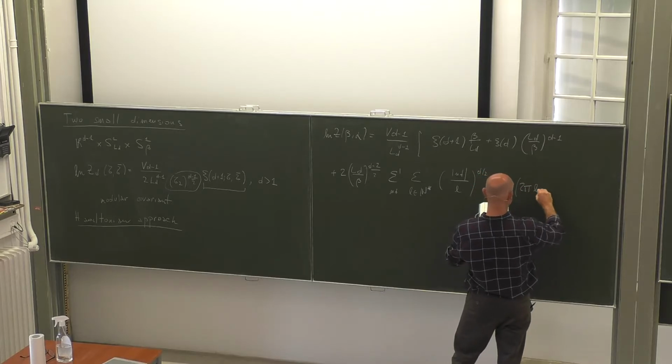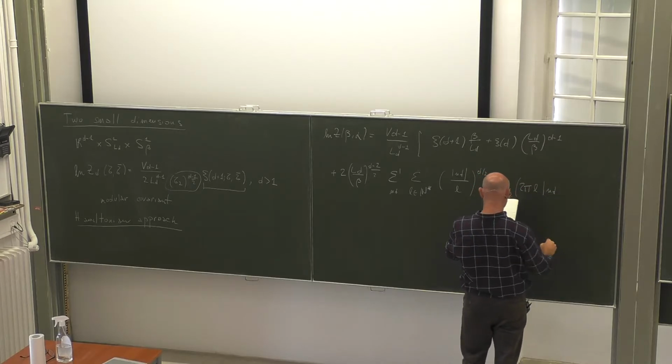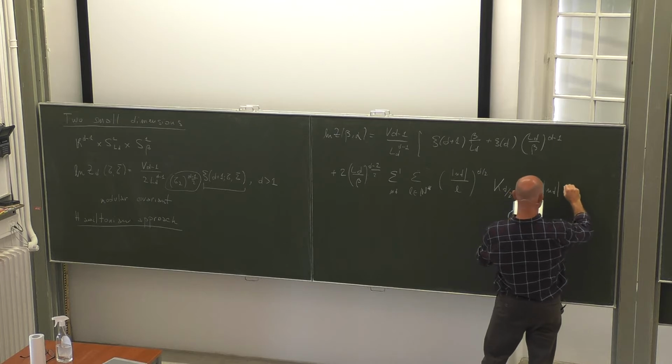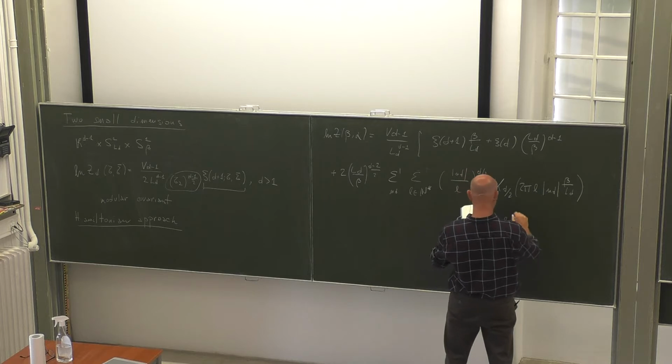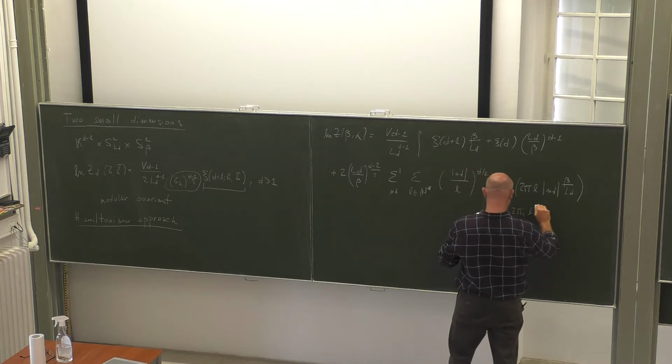Two pi l and d over beta L^d, and then to finish it off, 2 pi L.